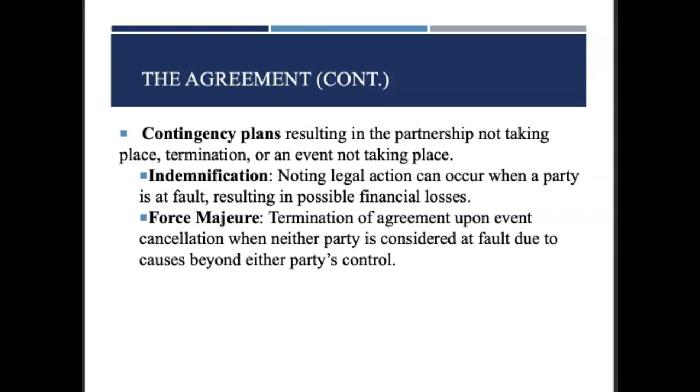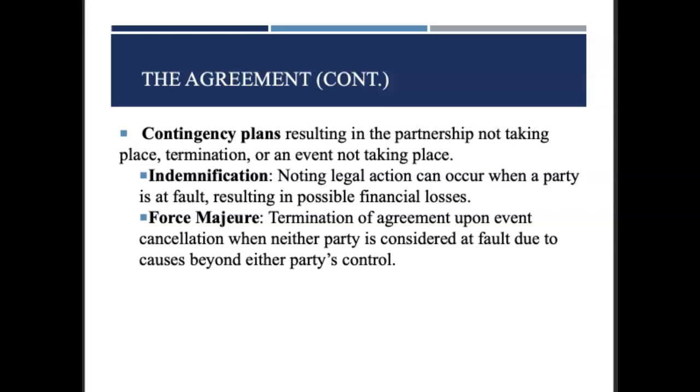The first one is indemnification. That means if one party violates a clause inside the agreement, that party should be responsible for all the financial loss incurred by the other party. So this is the first thing.